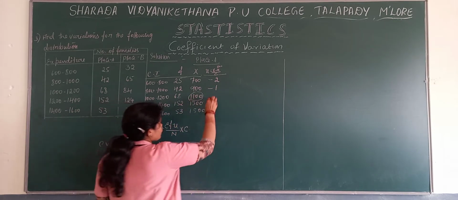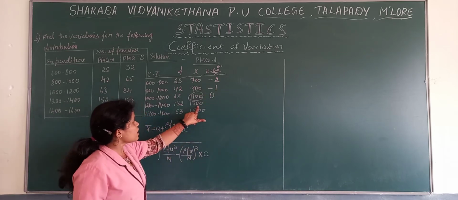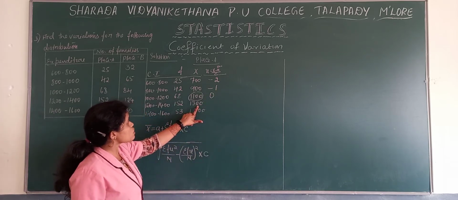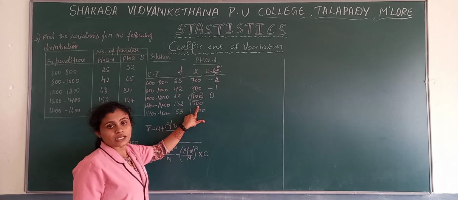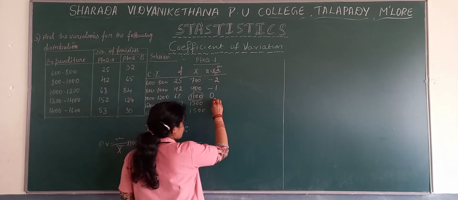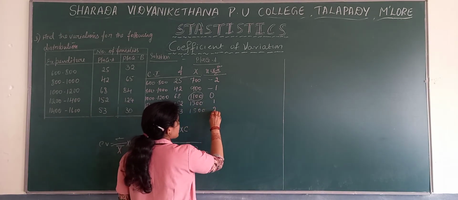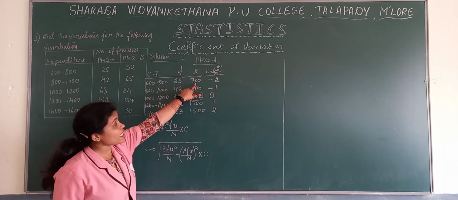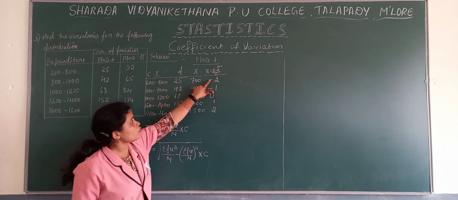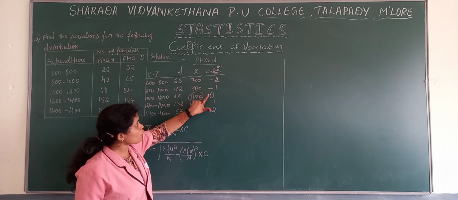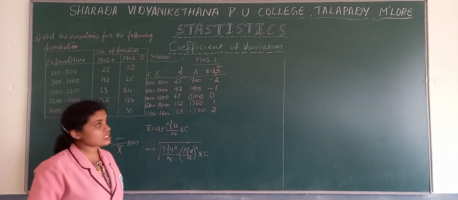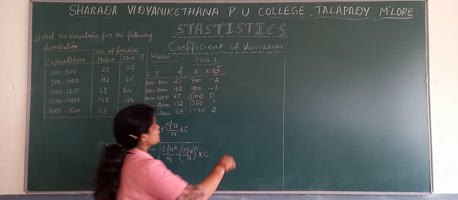And here however we get 0. And here 1300 minus 1100 by 200, there we get value as 1. And here we get 2. If you take 700 as A, then you get 0, 1, 2, 3, 4. Such kind of U values you will get.